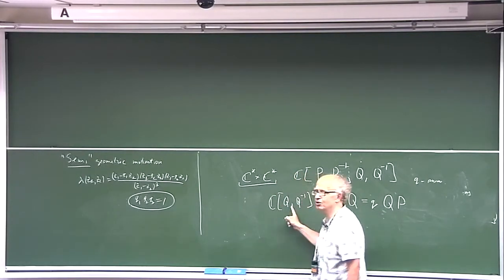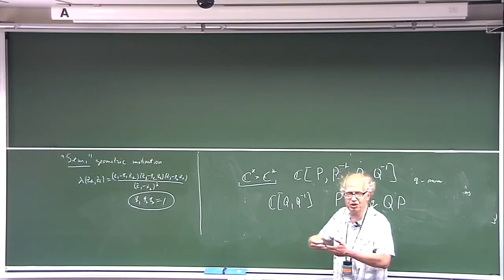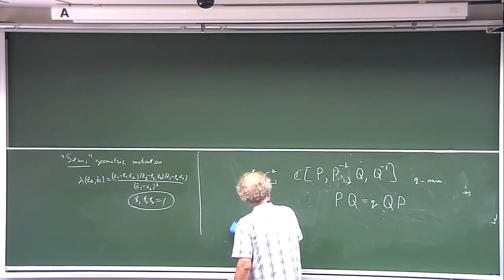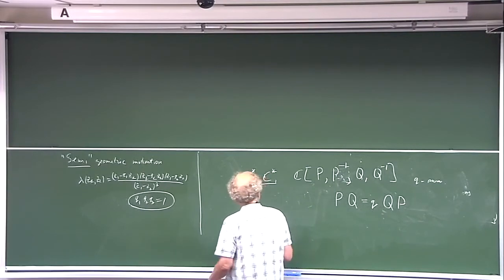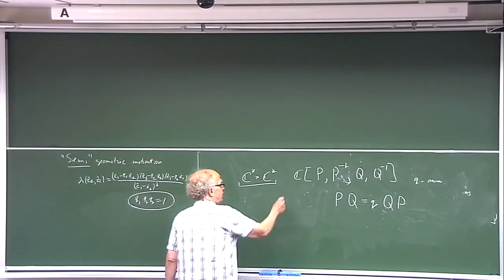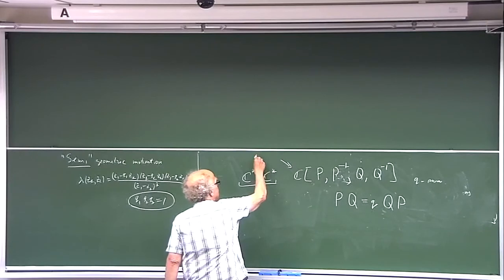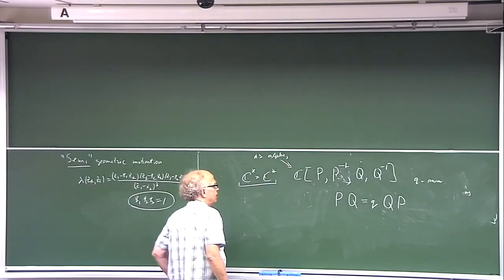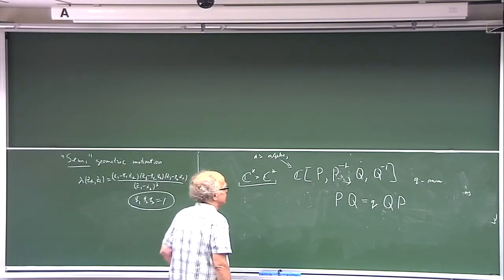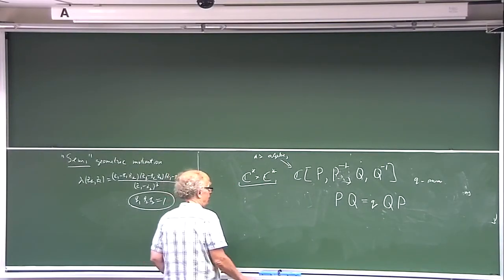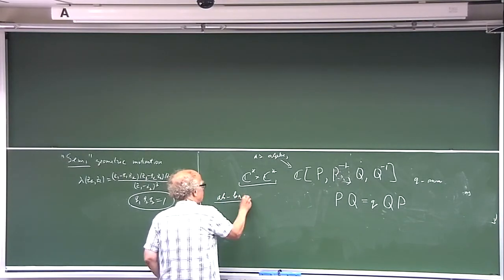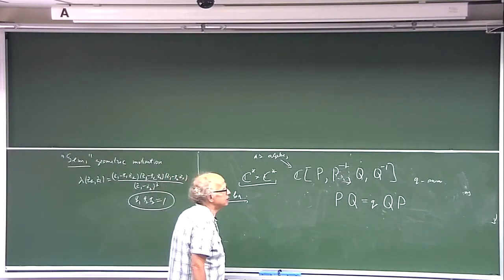Q is acting by product and P is acting by shift. Anyway, this is an associative algebra, and I can make from it a Lie algebra with the operator AB minus BA.